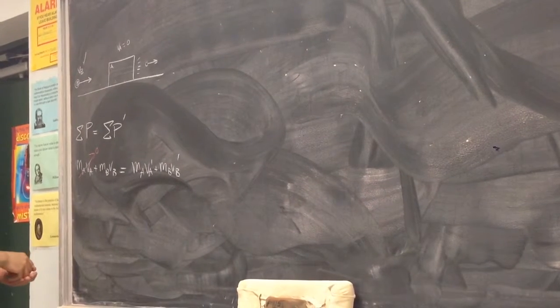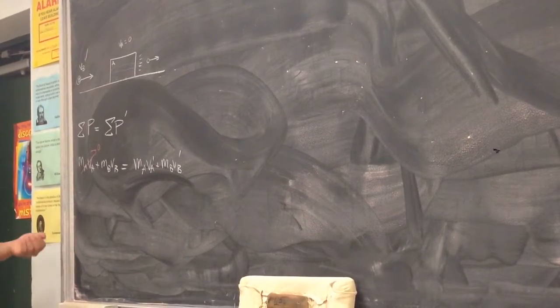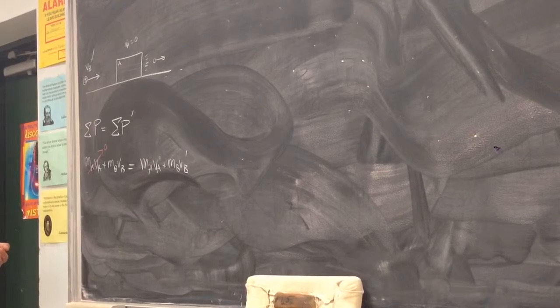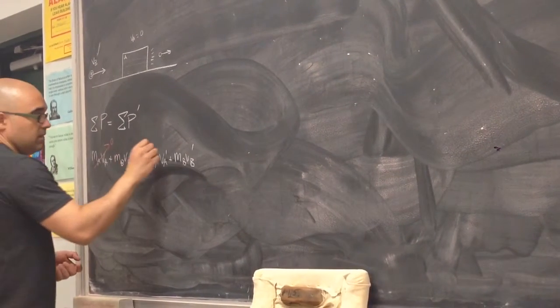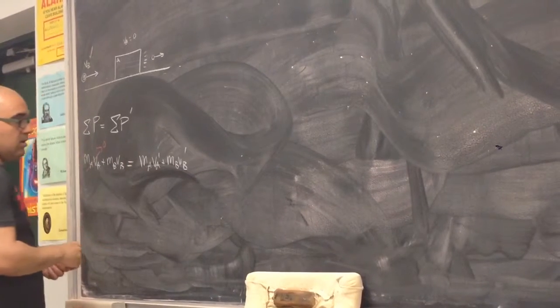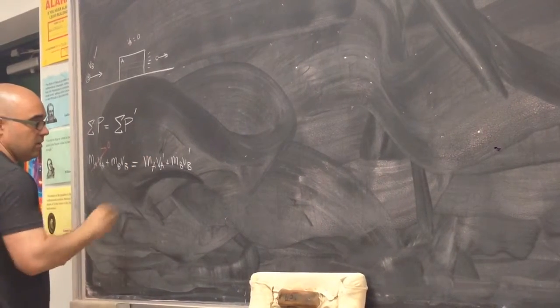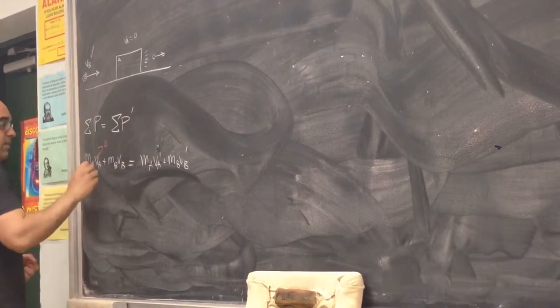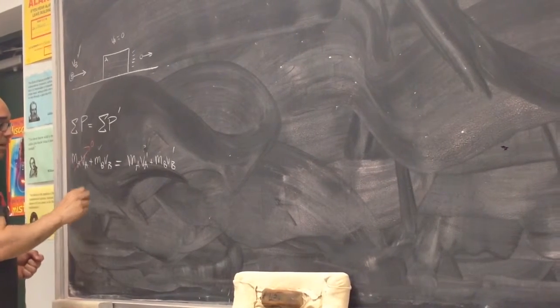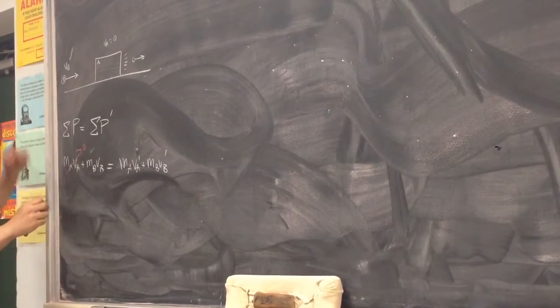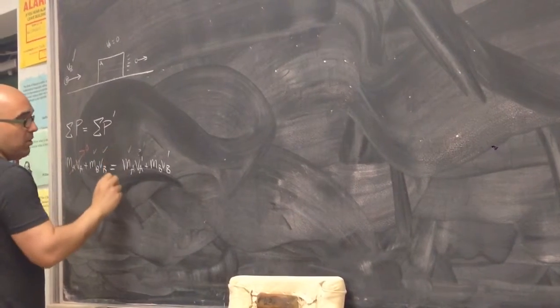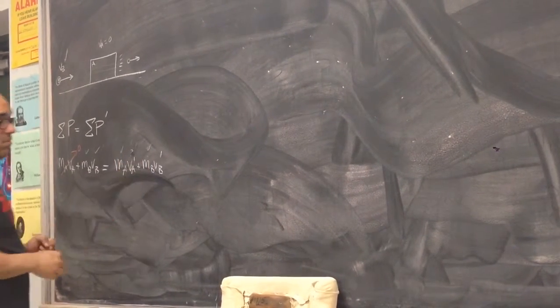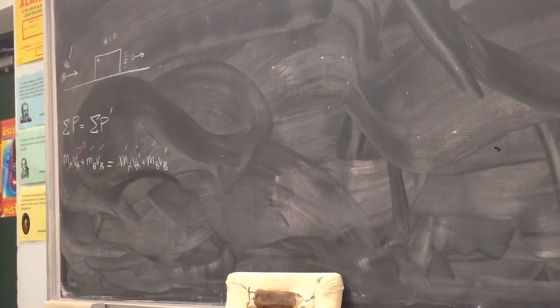Now let's say in this question you have to find the speed of the brick after the collision. So we're looking for this, and we would know, say, the mass of the brick, the mass of the bullet, and the initial speed of the bullet.